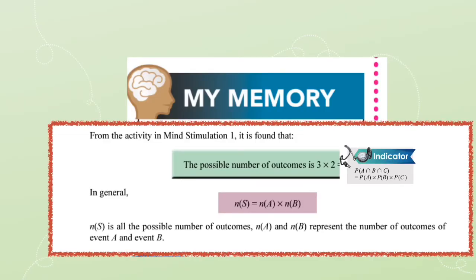The possible outcomes of any event follow the multiplication rule.